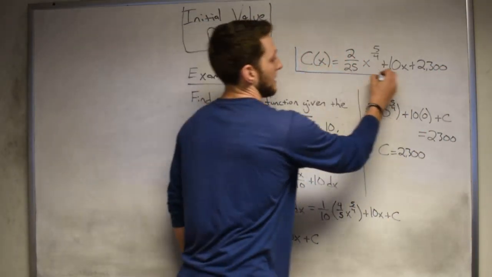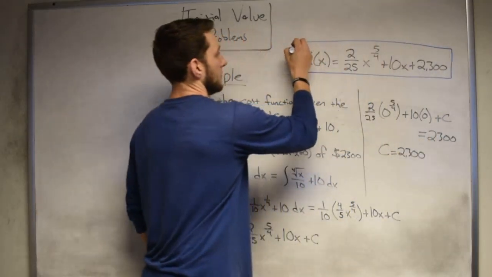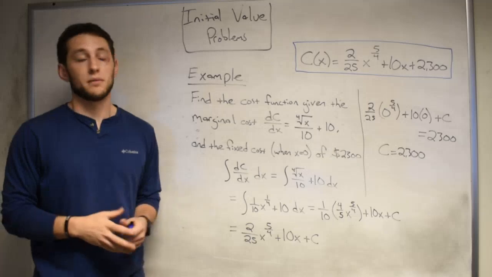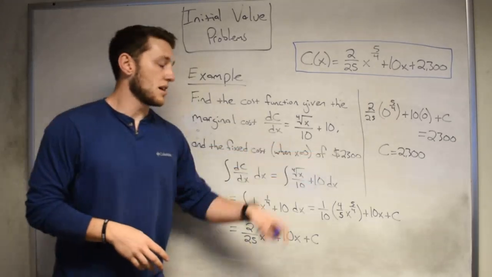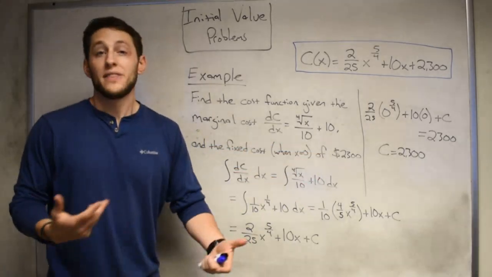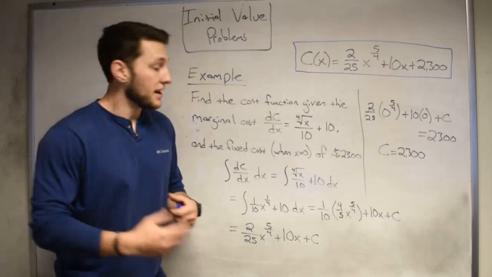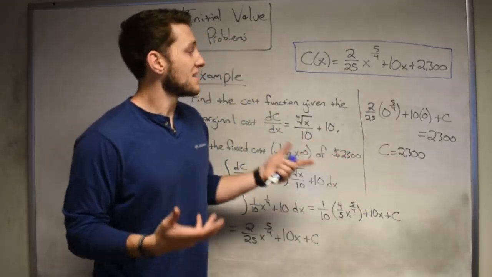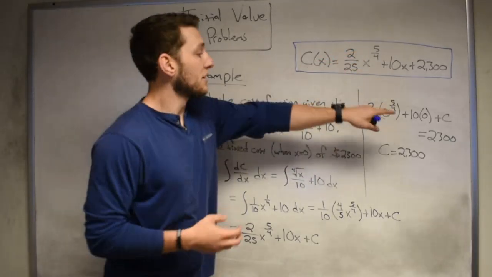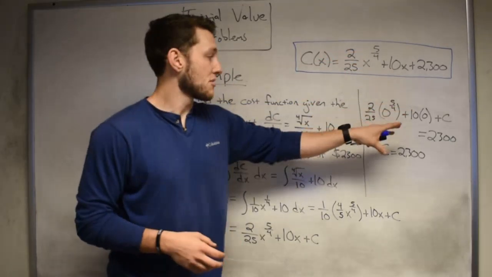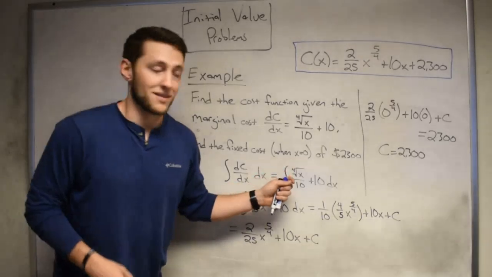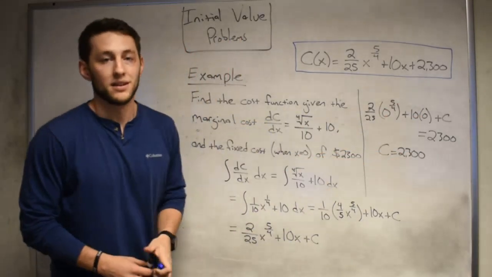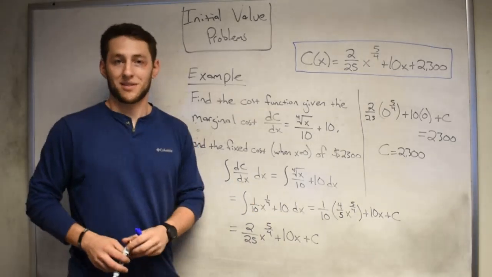And that is my actual answer. Now maybe just some intuition right here to end the problem. We notice that, hey, a fixed cost of $2,300, that better be your y-intercept. If that's your value when x equals 0, it kind of makes sense that $2,300 just ends up equaling c. However, it's always safer to go ahead and carry out this process of plug in what your x is, set it equal to what your y is, and just see out the algebra. But the intuition also makes sense.